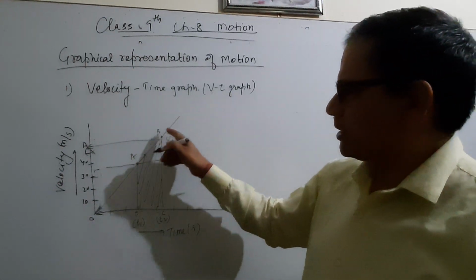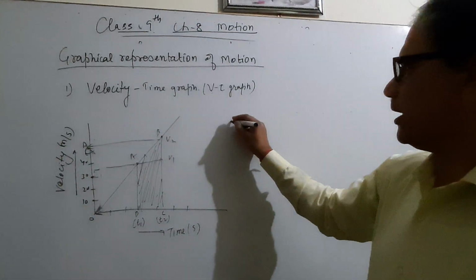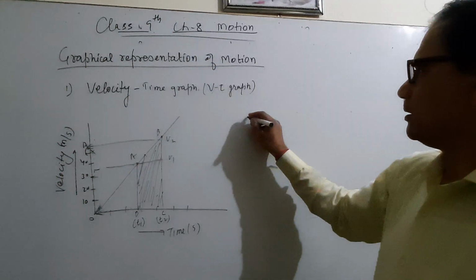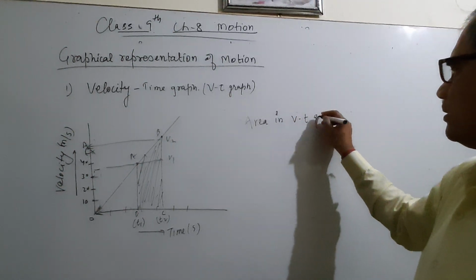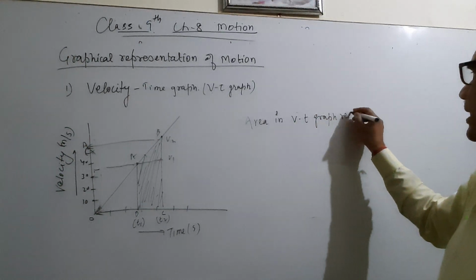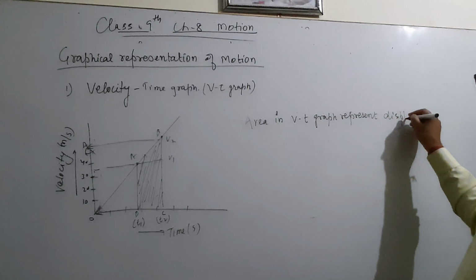And this graph is uniform acceleration, but the shaded area, the area in the VT graph, represents displacement.